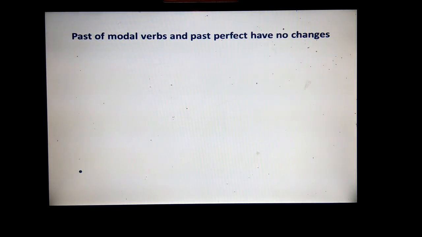Past of modal verbs الأفعال الناقصة في الماضي and past perfect الماضي التام have no changes مفيش فيهم تغيير.